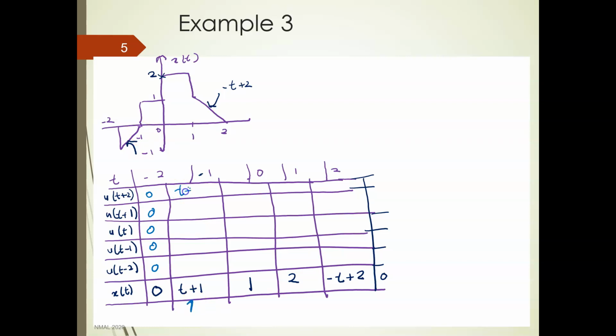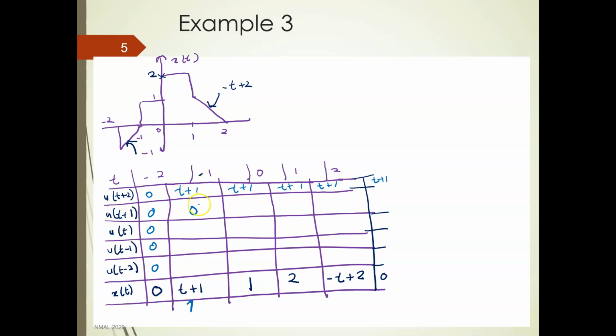We put t plus 1 in all columns here. And then between -1 to 0, for the second row here, this should be 0.